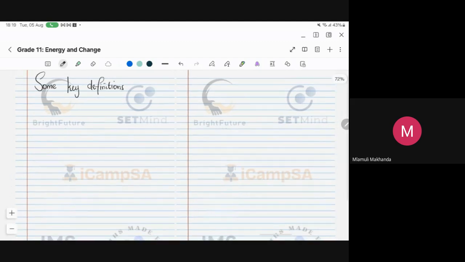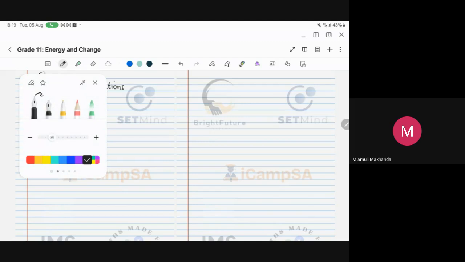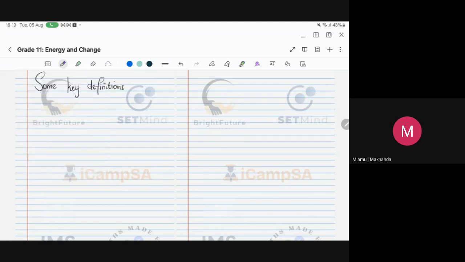The first thing I'd like to know is the heat of a reaction. These definitions are usually asked in your exams as well. They might ask you, what is enthalpy change, or what is heat of reaction? Remember, heat of reaction and enthalpy change are one and the same thing.